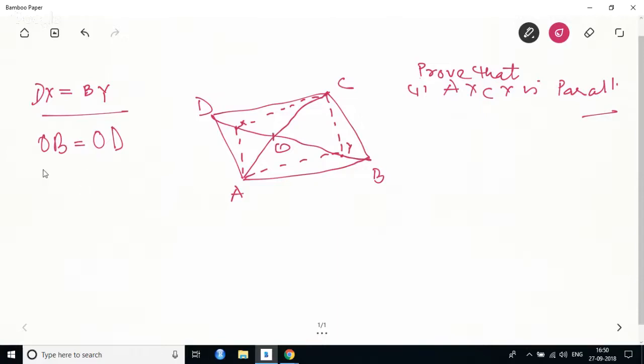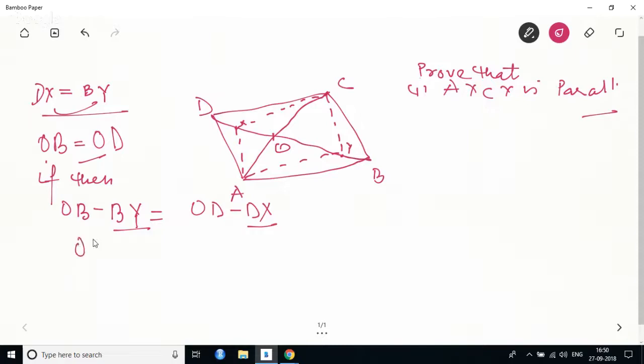Now try to understand, if this is true, then OB minus BY would also be equal to OD minus DX. Why? Because BY and DX are equal. Already it has been given there. Now what is OB minus BY? Is it equal to OY? And is it equal to OX?